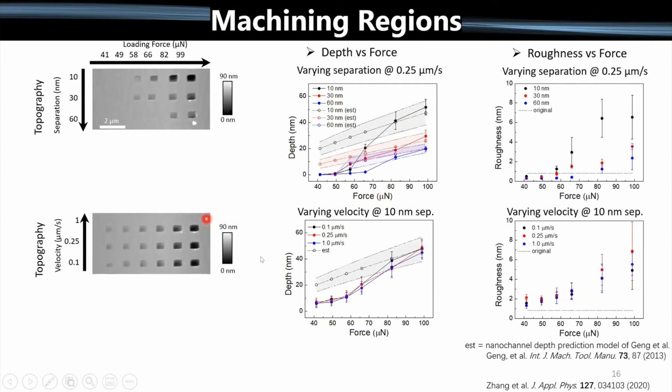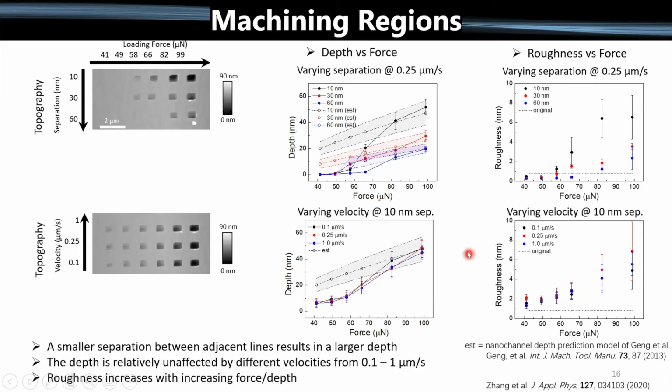We could also, at a particular separation, vary the velocity and see the influence of the tip velocity on the depth, on the removal of material, but also on the polishing or smoothness of the material. So we found that a smaller separation between adjacent lines resulted in a larger depth, as you might expect, and the depth is relatively unaffected by different velocities in the range that we studied, and the roughness increases with increasing force and depth.